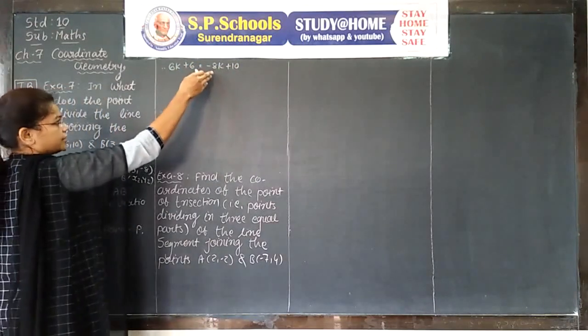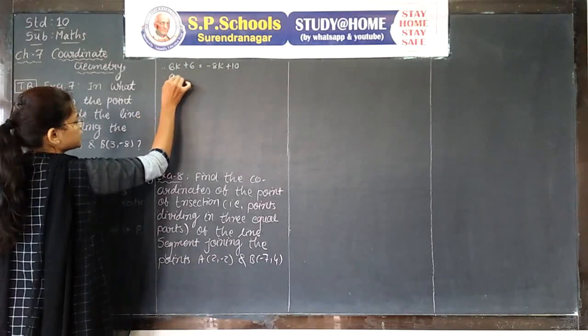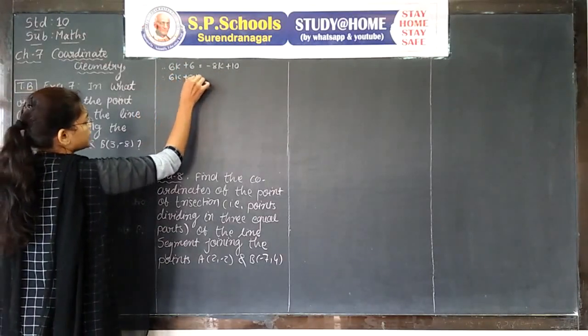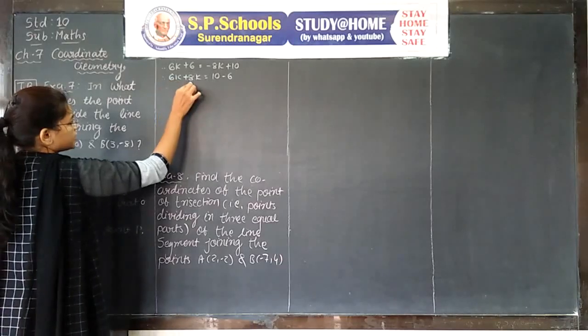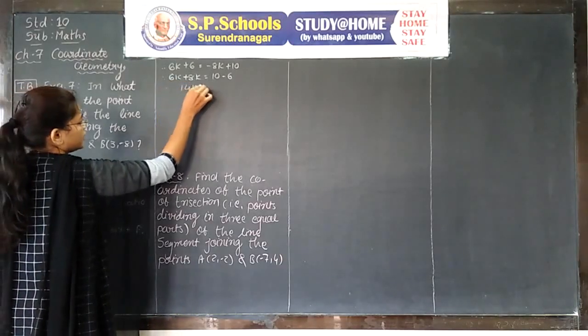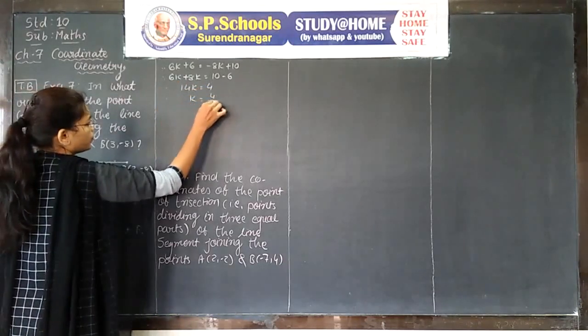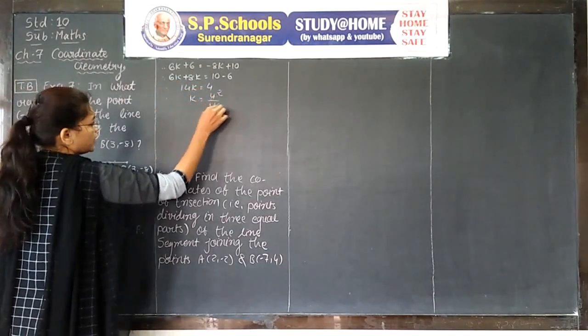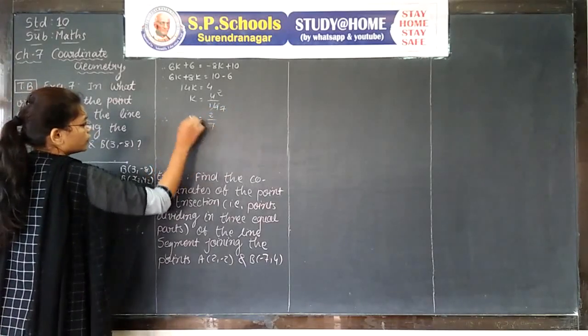Shift -8k from the right hand side to the left hand side and 6 from left to right. 6k plus 8k equals 10 minus 6. 6 plus 8 is 14k equals 4. That's why k equals 4 upon 14. 2 2s are 4 and 2 7s are 14. So k equals 2 upon 7.